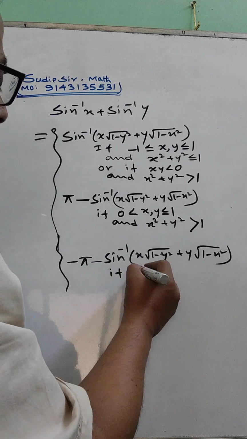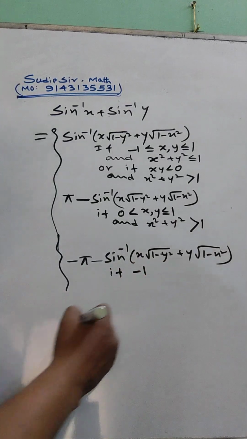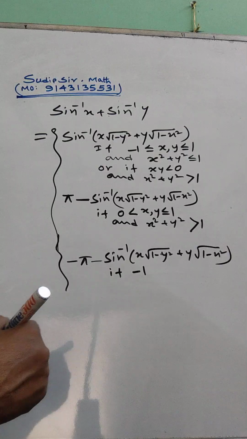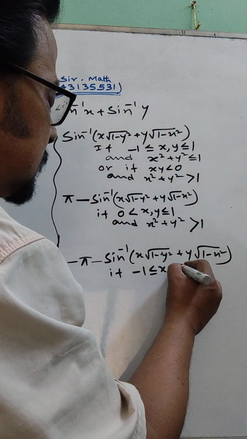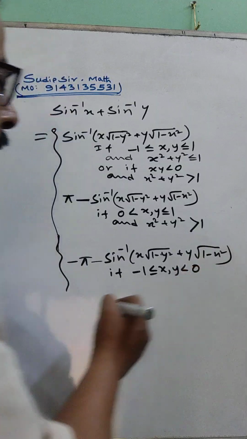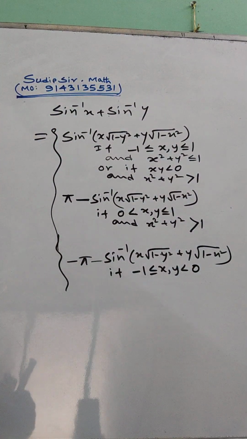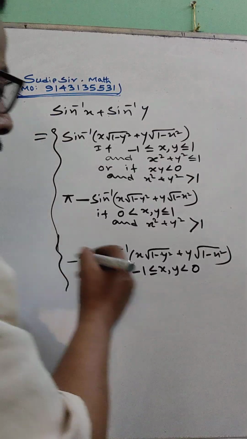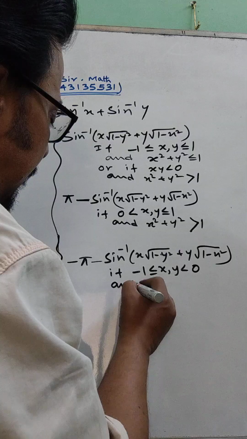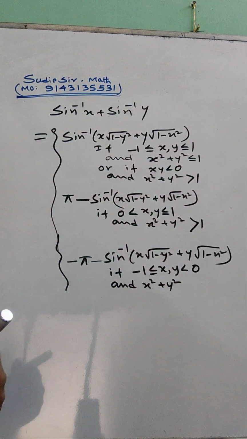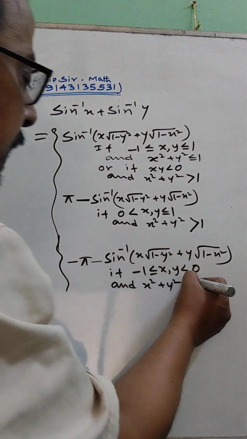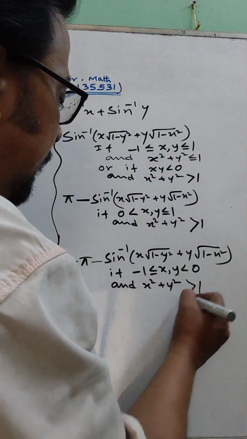If −1 ≤ x, y both less than 0 and x² + y² > 1.